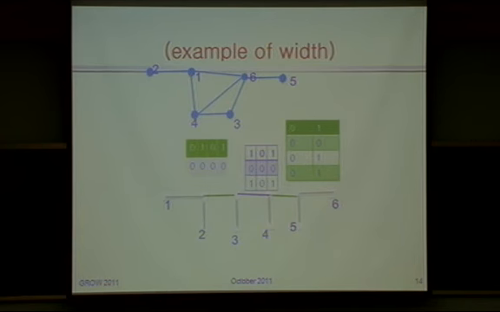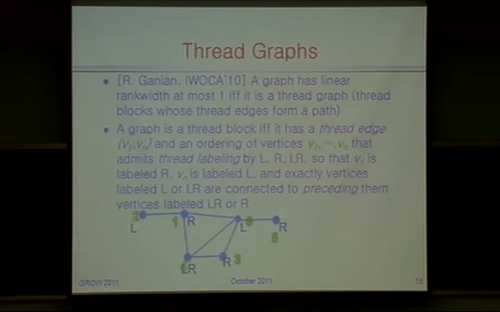So we see that this tree decomposition has width 1, and since the tree decomposition is a caterpillar, the graph on the top there is a graph of linear rank width 1.